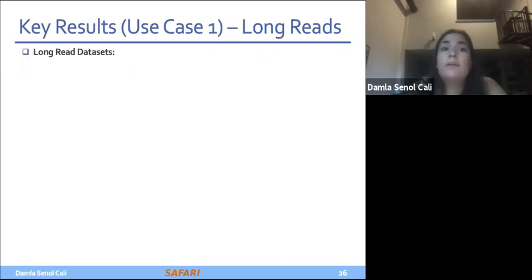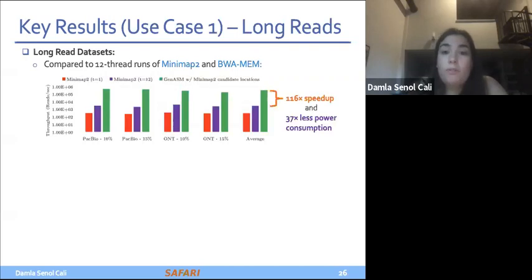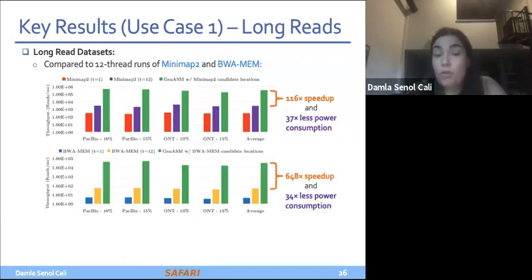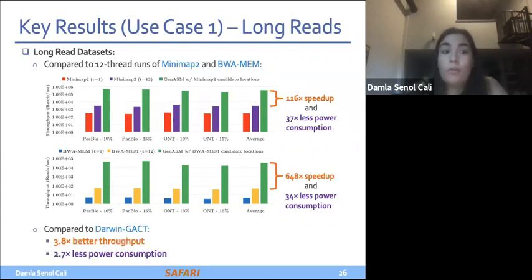When we look at the results for the long read data sets for read alignment, we observe that compared to the software baseline Minimap2, we obtain 116x speedup and 37x less power consumption. Compared to another software, BWA-MEM, we obtain 648x speedup and 34x less power consumption. Compared to the state-of-the-art hardware for long read alignment, Darwin's GACT, we obtain 3.8x better throughput while achieving 2.7x less power consumption.